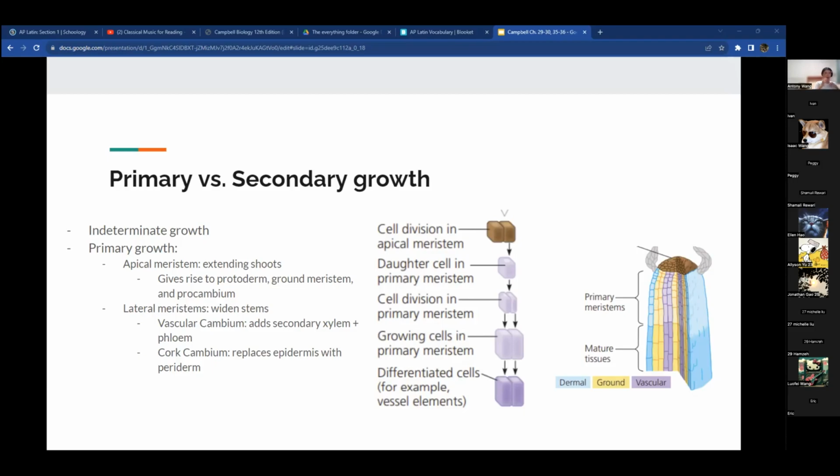And as it divides, the epidermis will rupture, break off, and be replaced by the progenitors, or you can think of them as the offspring of the cork cambium.